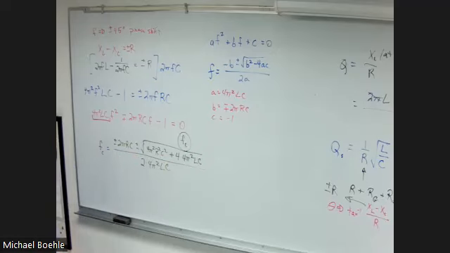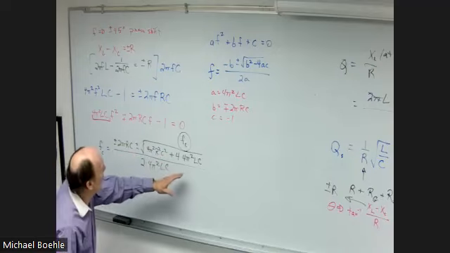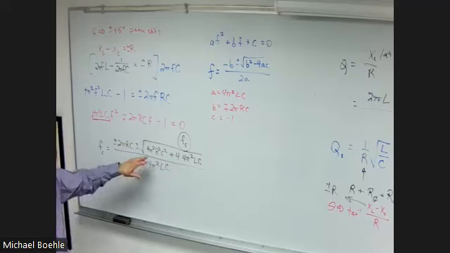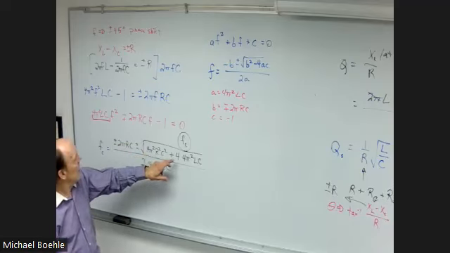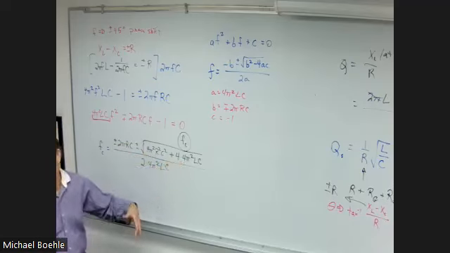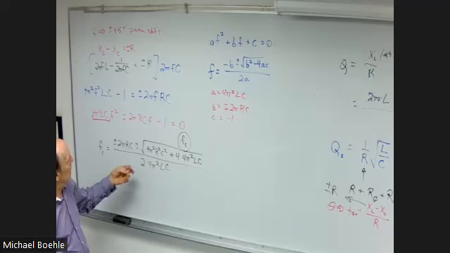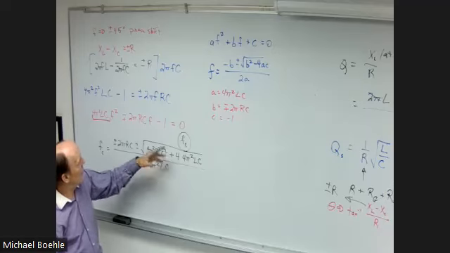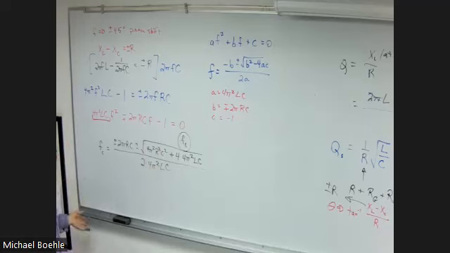Now, I can do that. A lot of different things I can do. If I look under the radical, I've got the pi squared, I've got a 4 and a 4 and a 4, so I can take the square root of 4 is 2. There are ways I can get rid of some of that stuff.